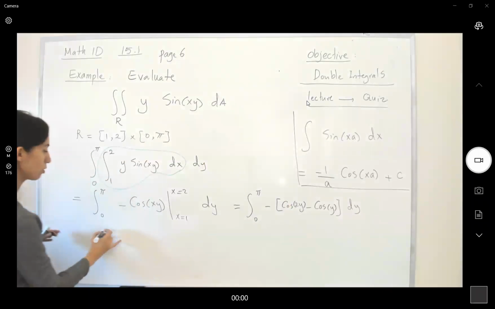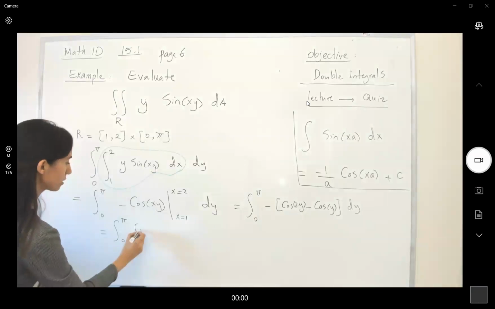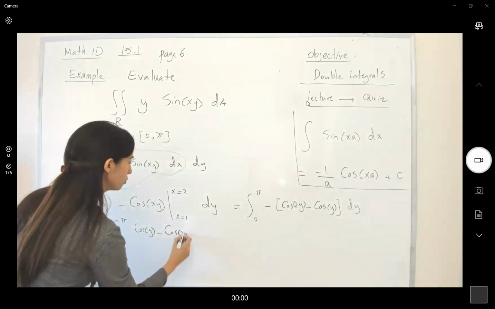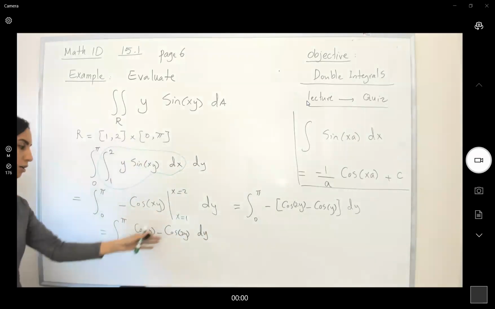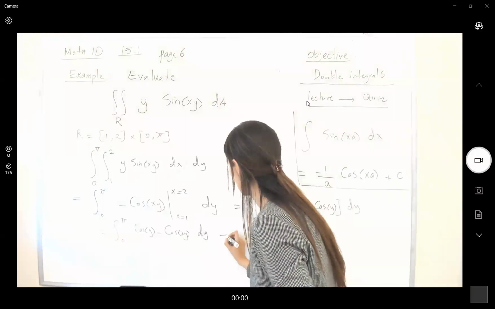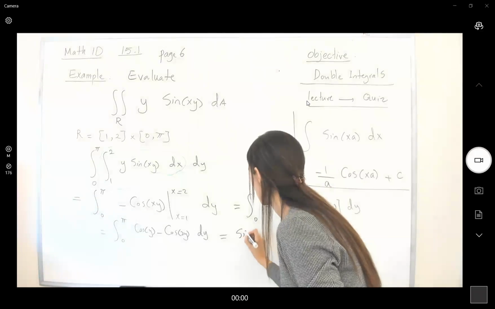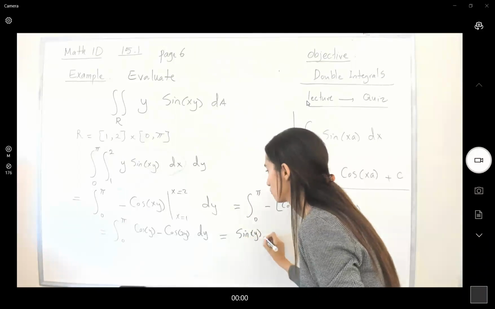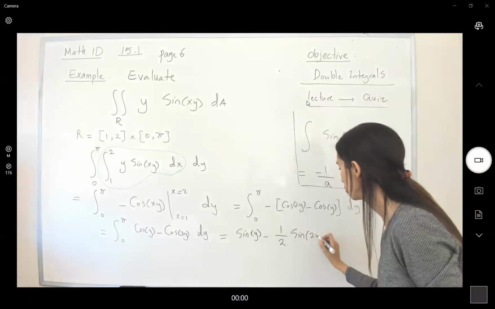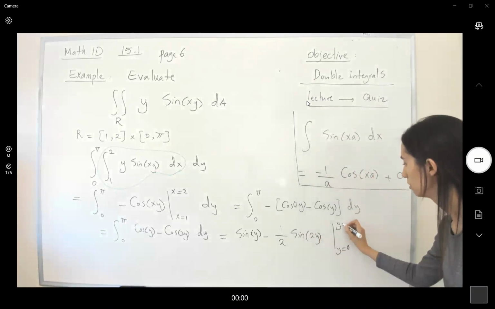So your integral is equal to 0 to pi, and let's just distribute that, cosine y minus cosine 2y dy. Now, it's an easy integral. We can just take the integral. This is equal to, so we have our cosine, we get sine y minus a half sine 2y, and y ranges between 0 to pi.